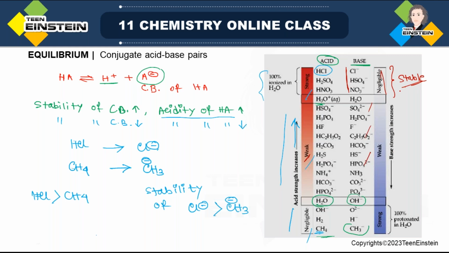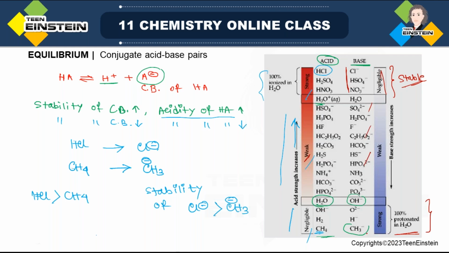Then in the middle zone, the basicity is intermediate. And now if you move to this position, it is 100% protonated in H2O. So the tendency to be protonated, remember in the last theory, the second theory, Bronsted, that we have seen, is a tendency to accept H plus. That is the definition of base.